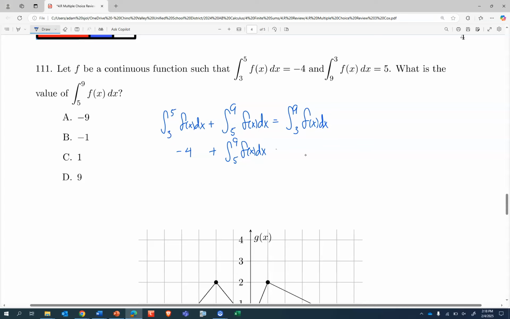And then this is going to be, hopefully you're okay with this, negative 5, because the negative integral from 3 to 9 of f of x dx has to be equal to the negative here. Okay, and so we're just going to add 4 so I can do a little bit less work, and I'm going to get negative 1.